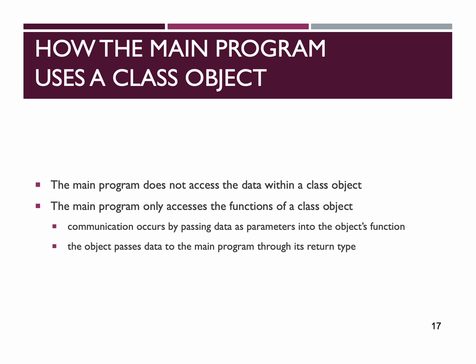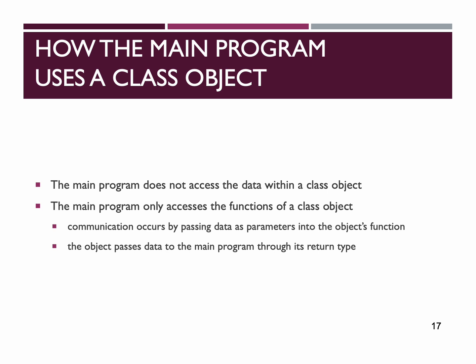Secondly, for function-based interaction, instead of accessing the data directly, the main program interacts with the object through its public functions. These functions, often called methods, act as the interface between the object's internal data and the external environment.